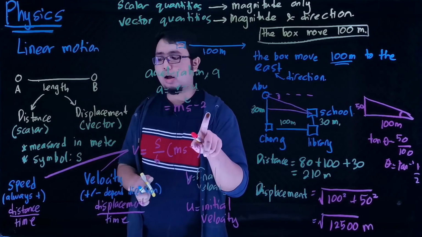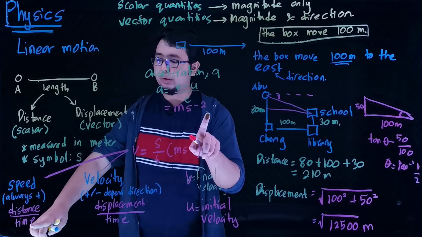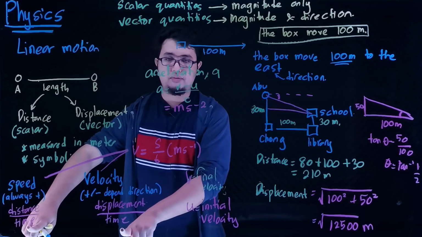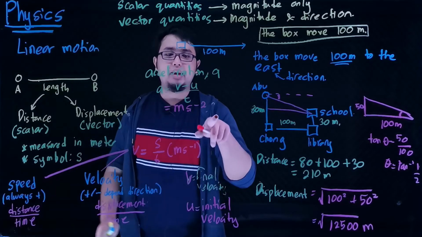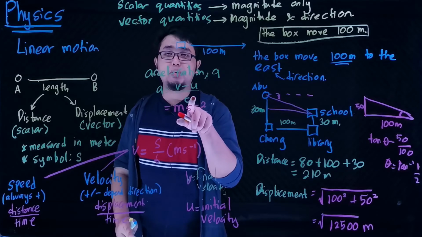Where does this 2 come from? The first unit of time comes from your velocity and your speed. The second unit of time comes from the formula itself.